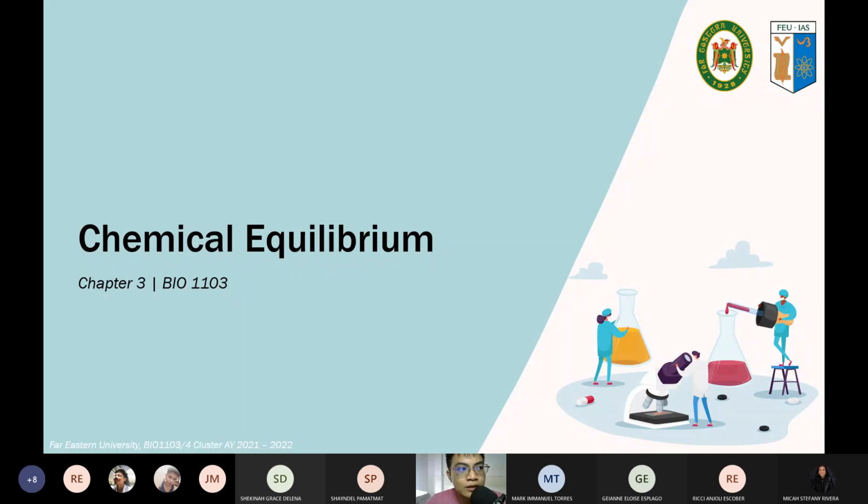It just so happened na this is one of the most important ideas in analytical chem. So that's why we really have to master this. If you cannot master chemical equilibrium, then chances are mahihirapan ka with other chapters.